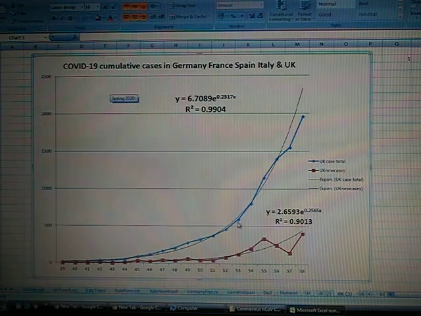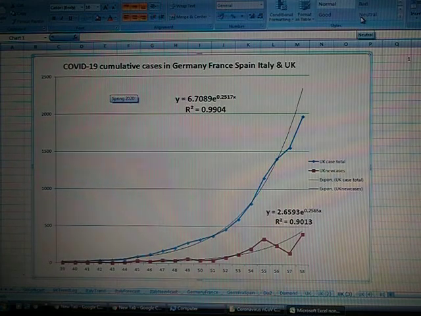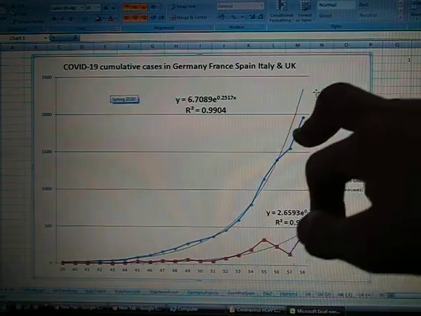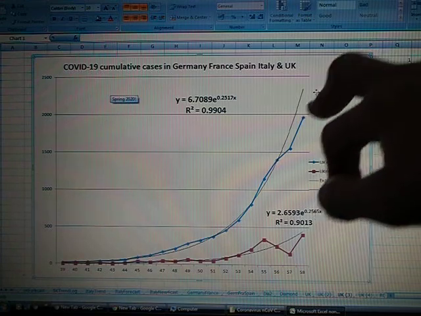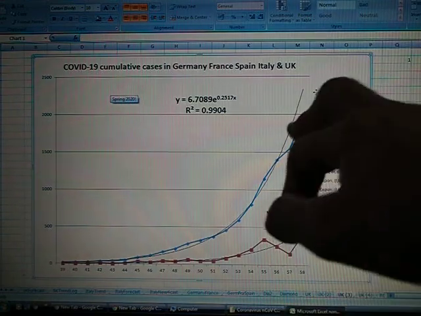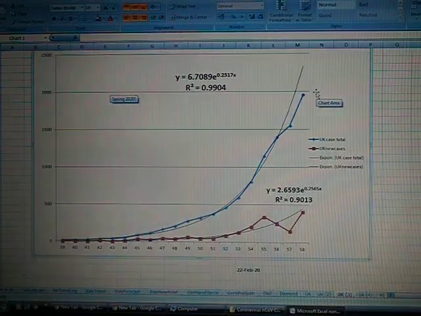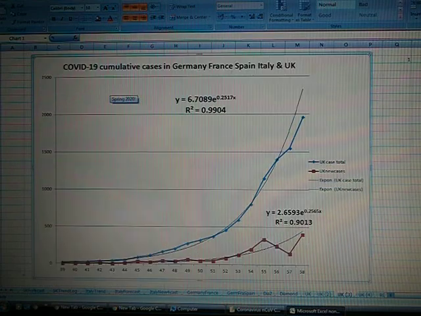The interesting thing about an exponential function, of course, is that it will go up forever, until you've infected the whole population. You have to go off this exponential function and slow it down. The percentage increase has to decrease. Now, what's the percentage increase right now?